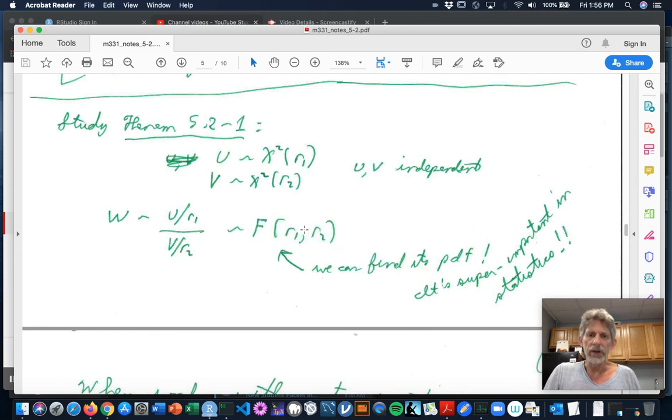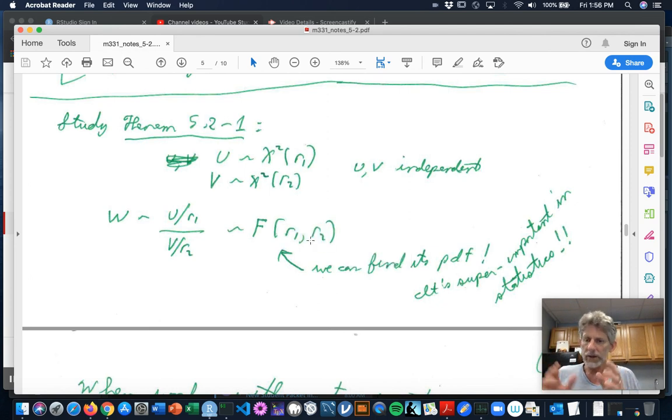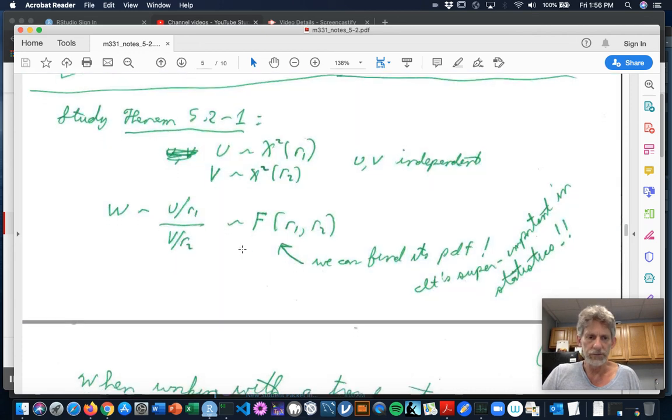And it's so important that it forms a new named family of random variables called the F distributions. It's given by 2 parameters, 2 degree of freedom parameters. It's really important in statistics applications. We won't be taking it very far this semester, but I want you to know it's there, so I want you to study that theorem and its proof.